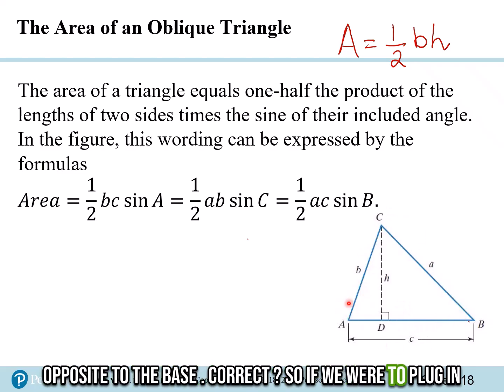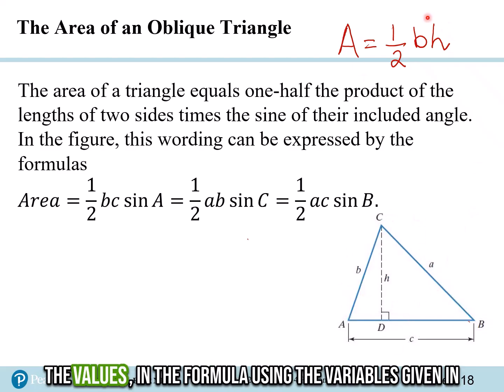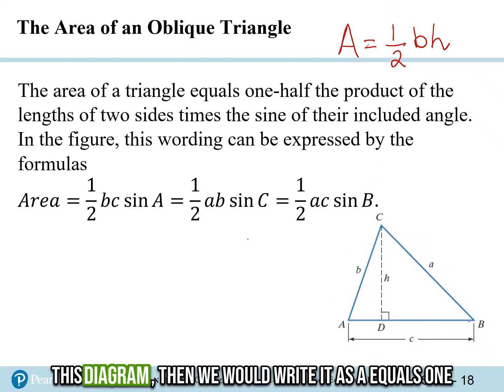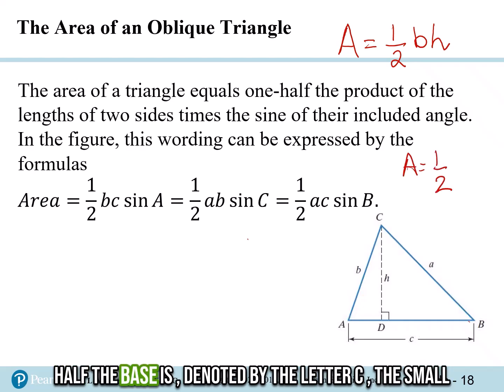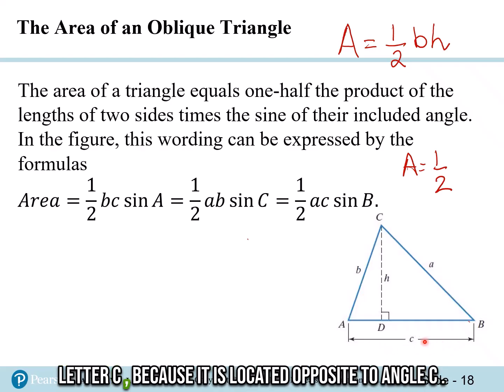So if we were to plug in the values in the formula using the variables given in this diagram, we would write it as A equals 1/2. The base is denoted by the small letter c, because it is located opposite to angle C, correct?